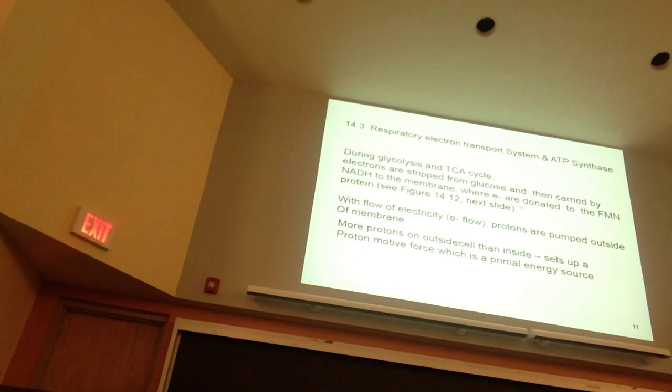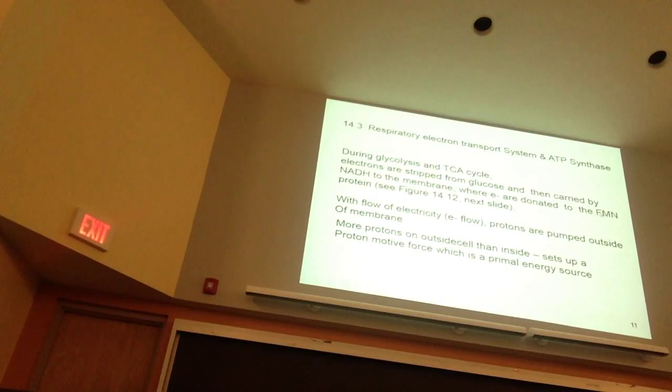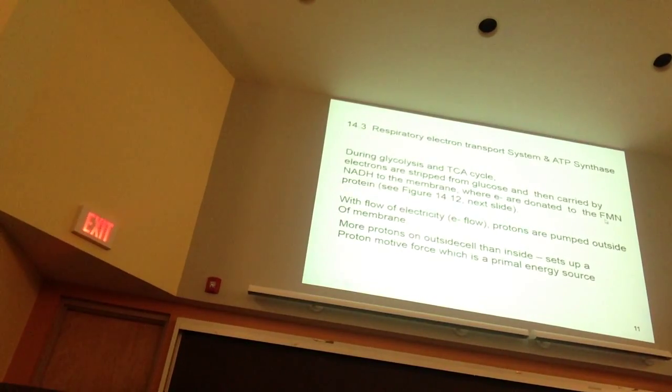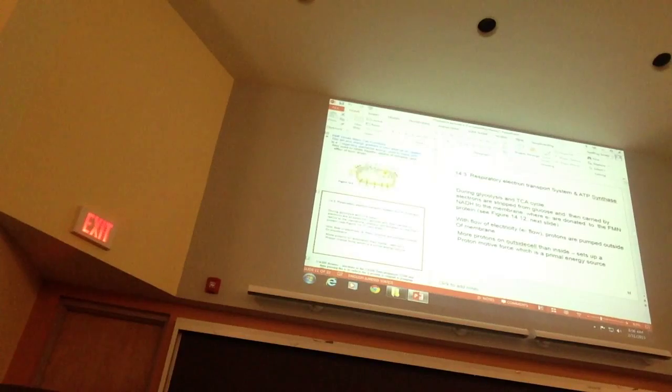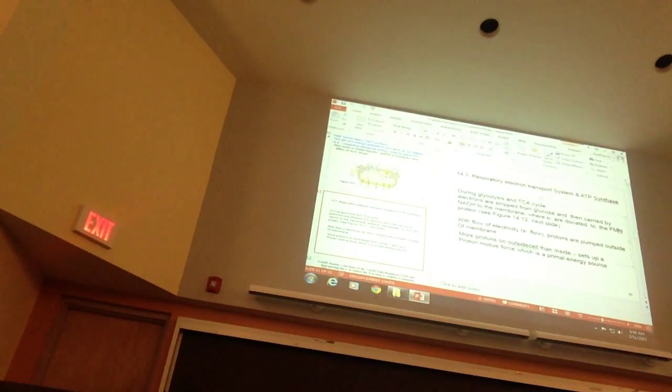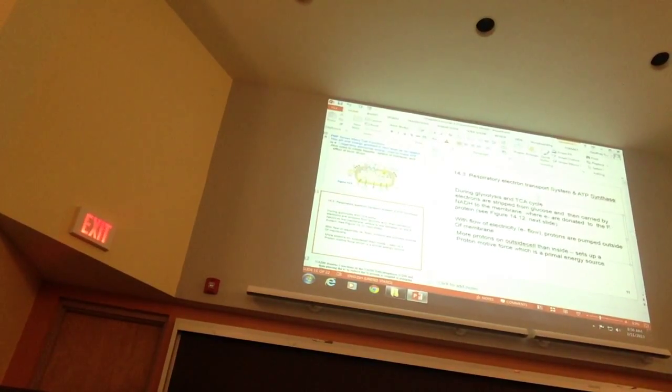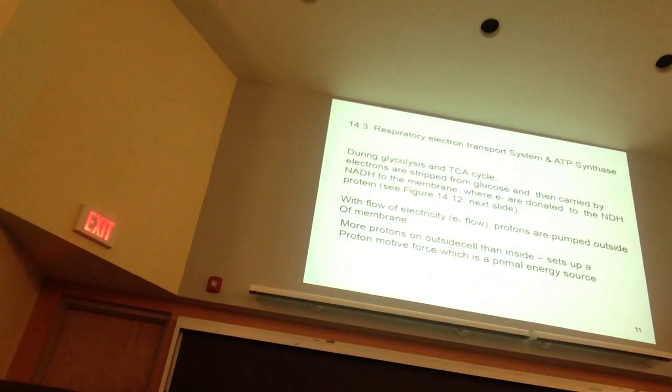This is where the electrons are donated to this FMN protein, which really, I should be consistent and call it the NADH dehydrogenase. FMN is a component of the NADH dehydrogenase protein. So I make that correction in your figure. It's not exactly wrong, but it's clearer if I keep it consistent. And we'll look at the details in the next slide.